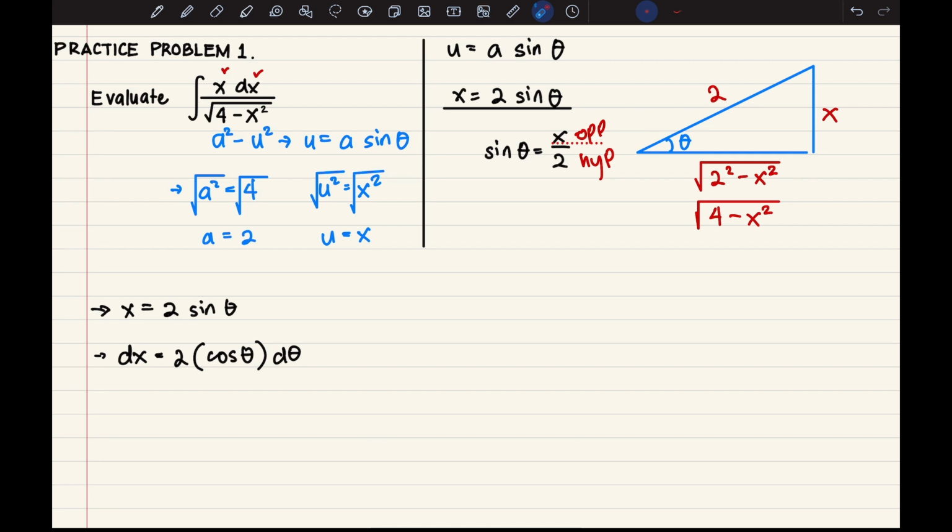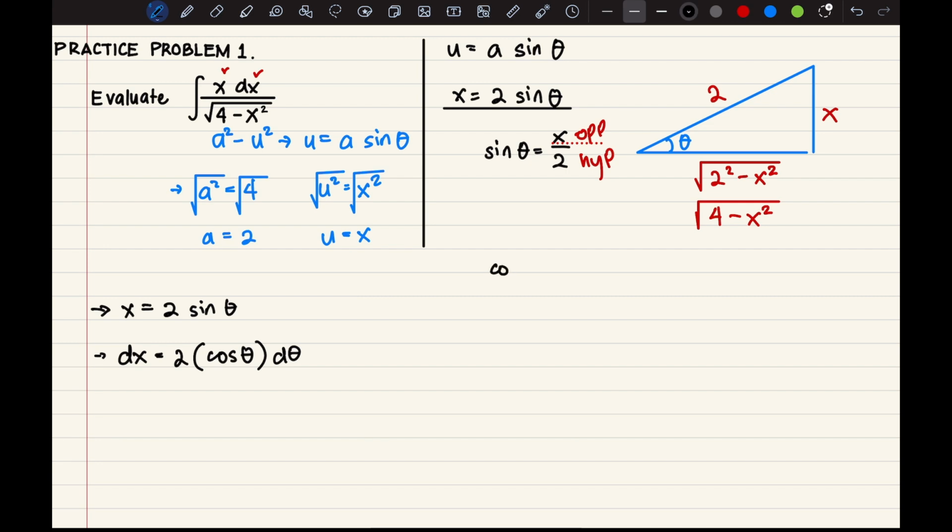So we have now a substitution factor for x and dx. All that's left is to get a substitution value for square root of 4 minus x squared. So in order to do so, we will refer back to our triangle right here. We will equate square root of 4 minus x squared with theta and the constant 2. So relating this side and theta and the hypotenuse is the cosine function from the concept of SOHCAHTOA.